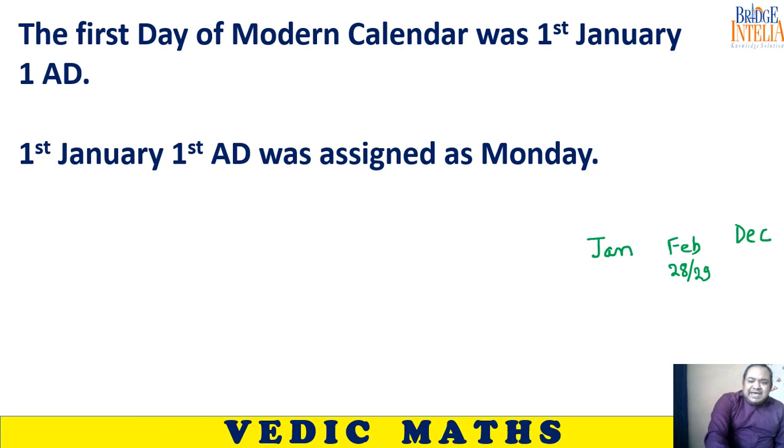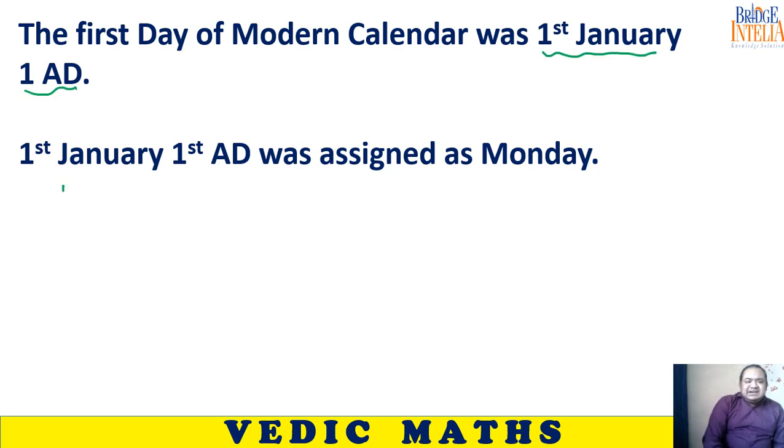Now, when the modern calendar was designed, the first day of the modern calendar was assumed, or you can say was given the date 1st January 1 AD. So you can say the counting of calendar began from 1st of January 1 AD.